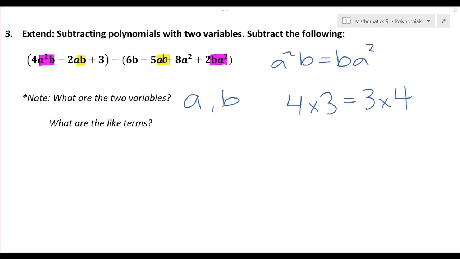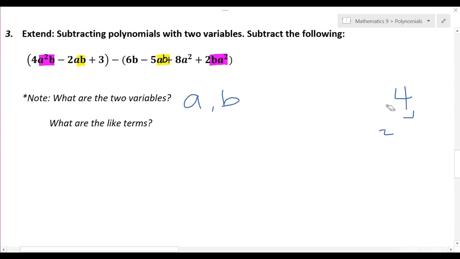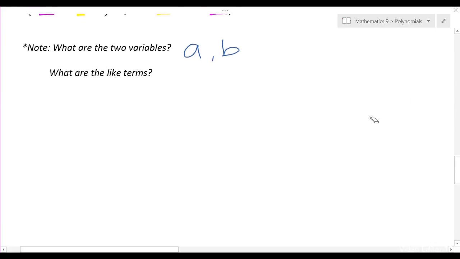This is because both of these will give you 12. Doesn't matter which order we have the 4 and the 3. Same thing here. A squared b is the same as b times a squared. Okay, moving back to the question. So now that we have our like terms and our variables, let's continue with this question.